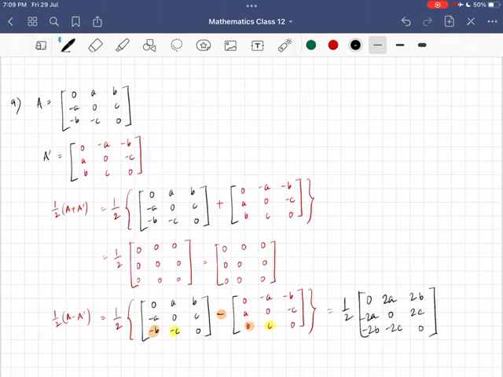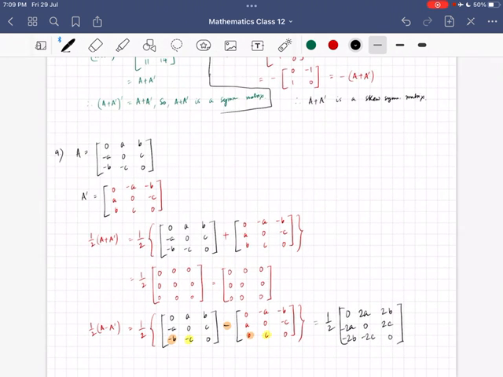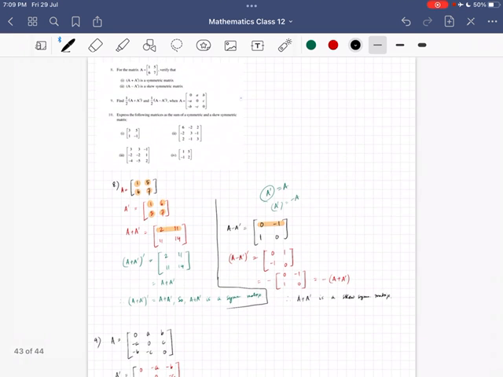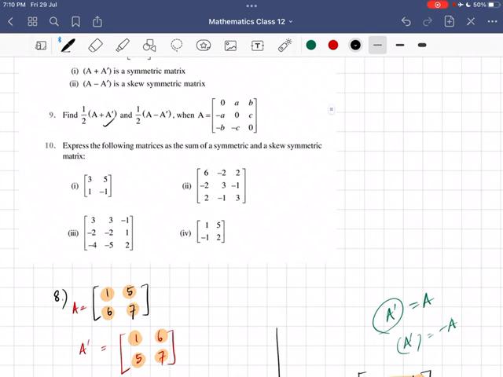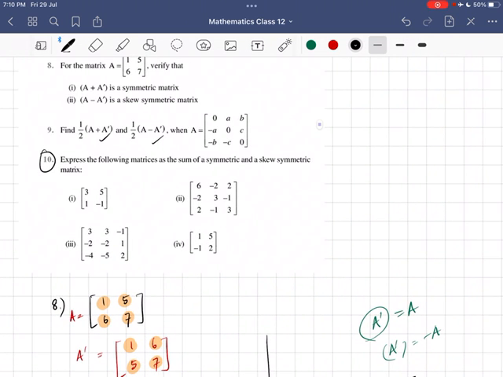So we found out the value. I think we haven't been told to do anything anymore. So just these two values we need to find, and that's it. Okay. Now let's do question number 10. For question number 10, we need to understand what the question says: express the following matrices as the sum of symmetric and skew symmetric matrices. So we need to express the four matrices given in here as the sum of symmetric and skew symmetric matrix.